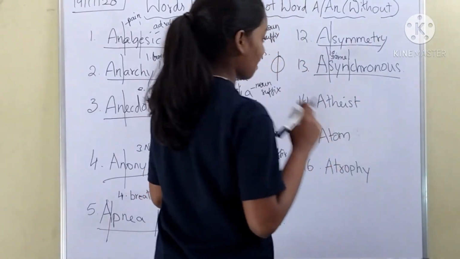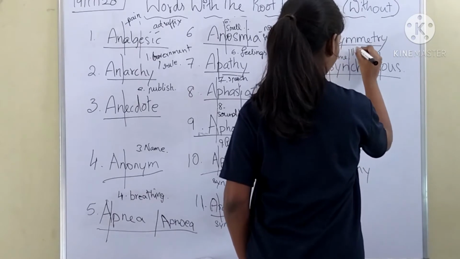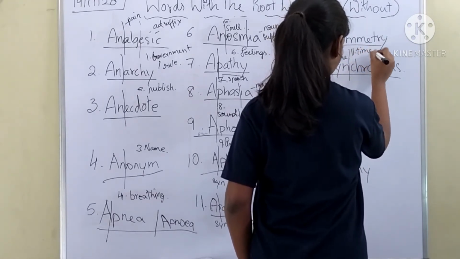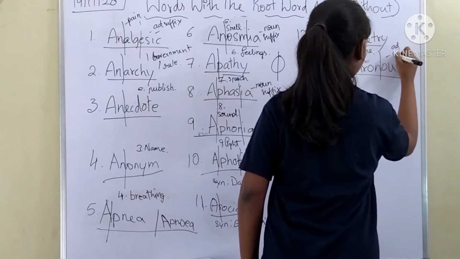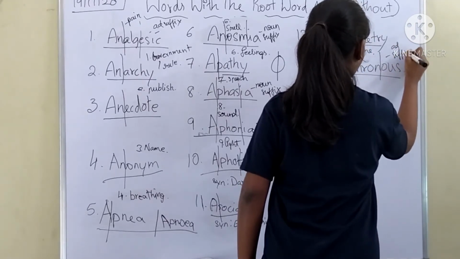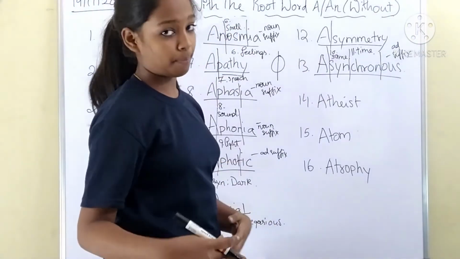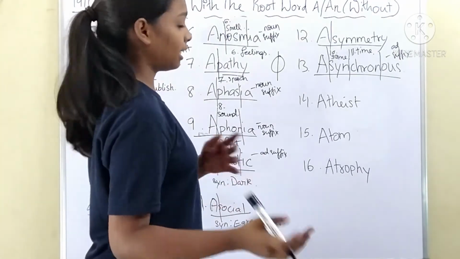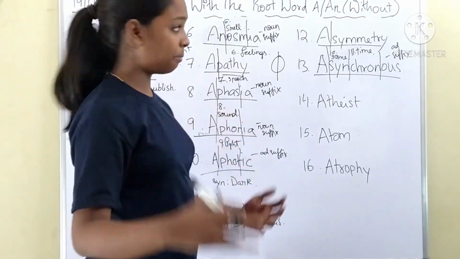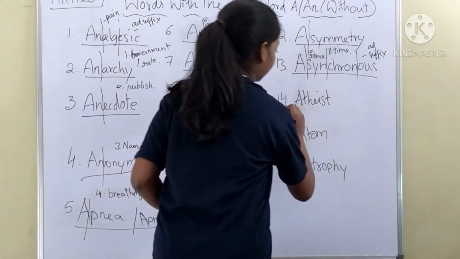Chron is the 11th new root word, which means time. And ous is the adjective suffix. So the word means not happening, not existing at the same time.